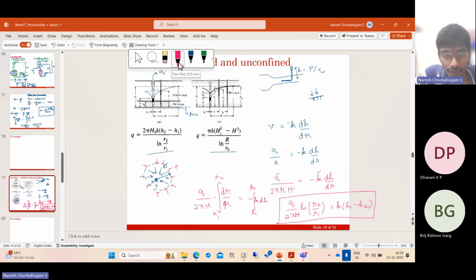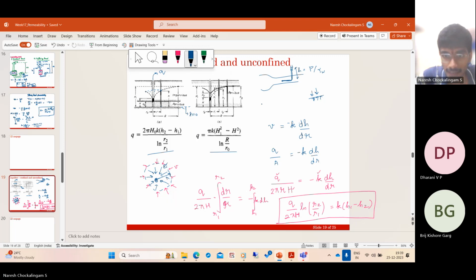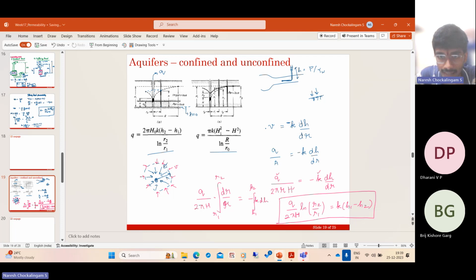So the velocity you have, here you have another minus. This velocity is radially inwards, but we have taken R positive radially outwards. Q is taken out of the well, and if you're pumping inside, the case is different, but you're pumping out of the well. So this velocity V is actually along the negative R direction.